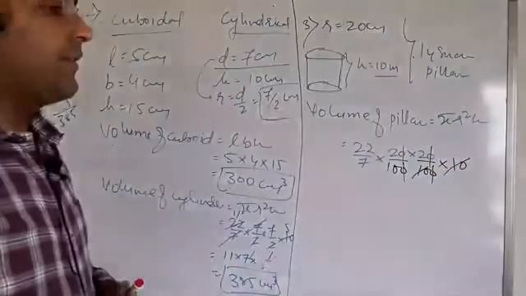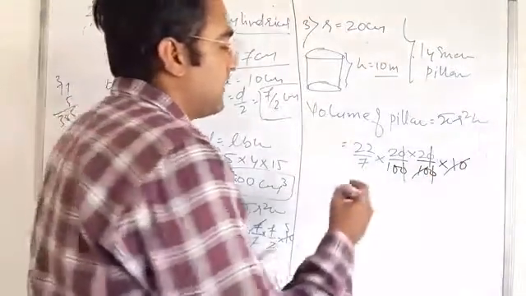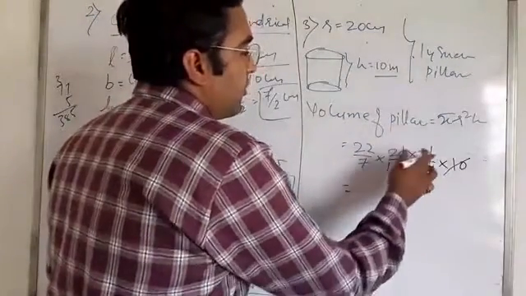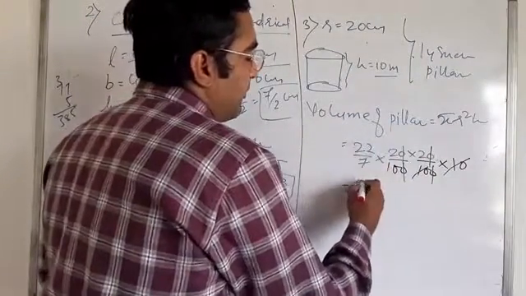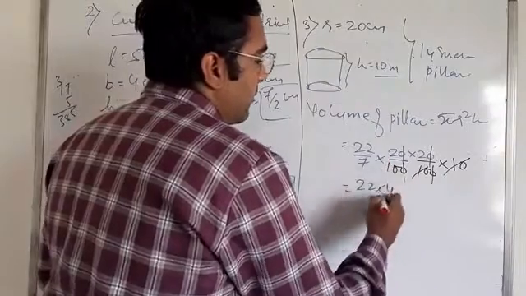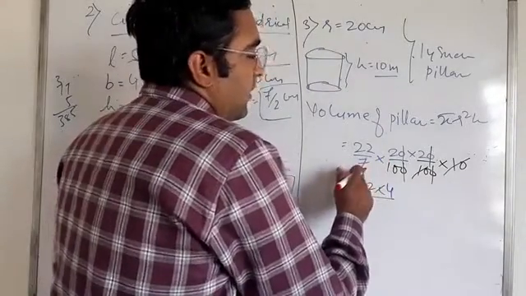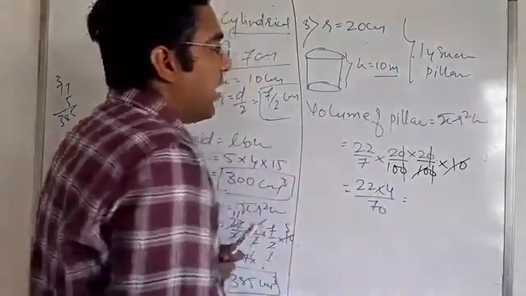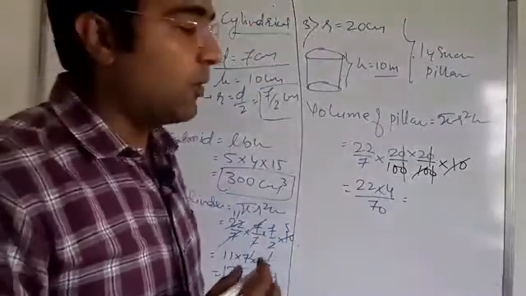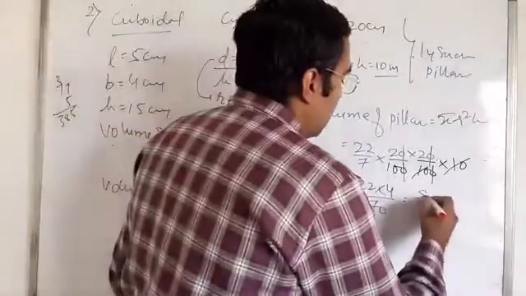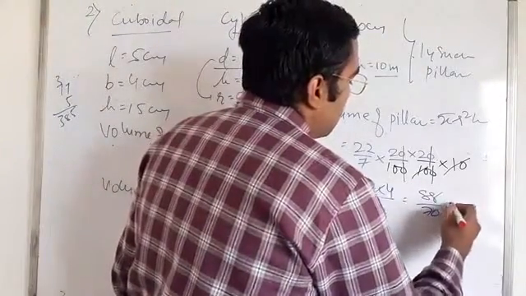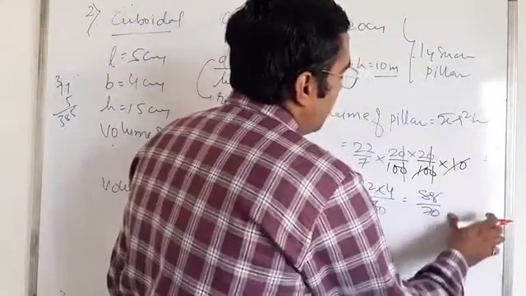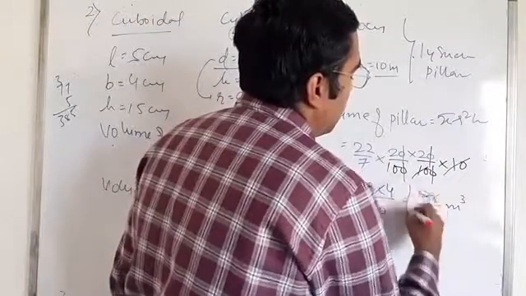Now 2 2s are 22 into 2 2s are 4 upon 7 into 10, 70. So my volume is 88/70 meter cube.